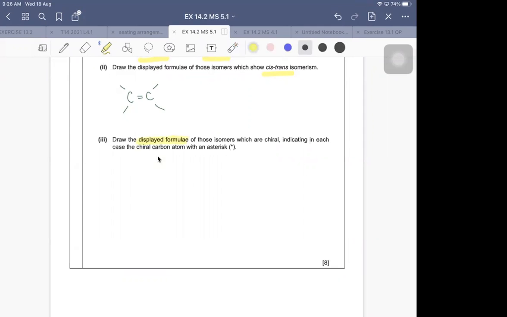That means you have to draw all the bonds, including your OH bonds. You must show oxygen, single bond, hydrogen. And even though it was not mentioned in the question, you have to draw the 3D drawing, and the reflection would be that.